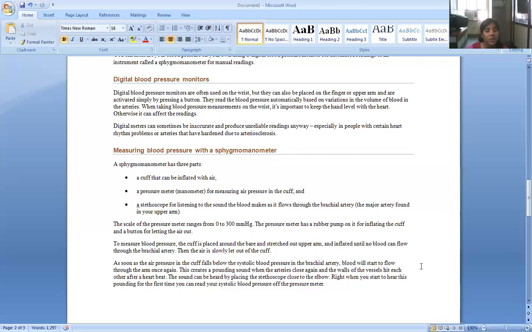This creates a pounding sound when the arteries close again and the walls of the vessels hit each other, like a heartbeat. The sound can be heard by placing the stethoscope close to the elbow. Right when you start to hear this pounding for the first time, you can read your systolic blood pressure off the pressure meter.